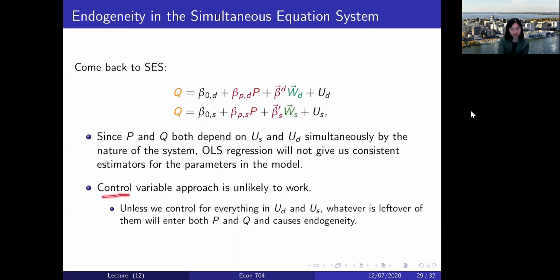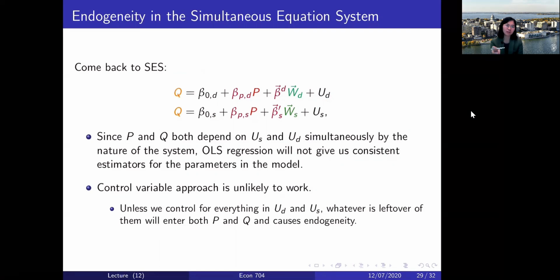In fact, control variable approach is unlikely to work. Remember how control variable approach works? Control variable approach works by restoring exogeneity of the variables controlling for some other control variables. But because UD enters completely into the generation process of P, unless you can condition on UD itself, it's unlikely that you can restore exogeneity of P at all, conditioning on anything.